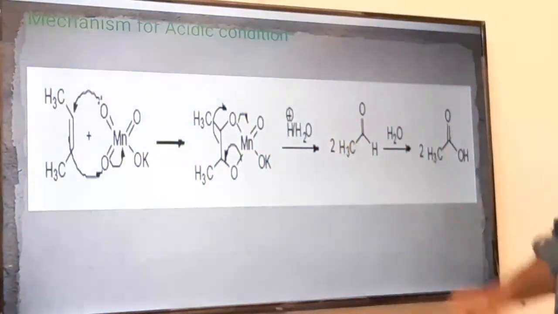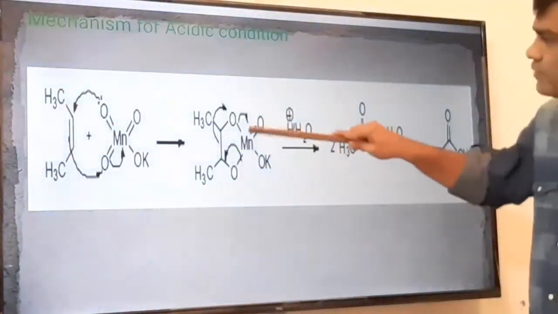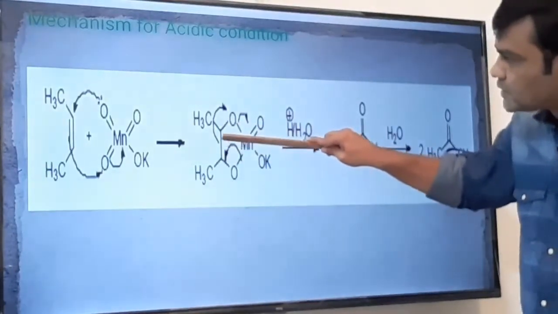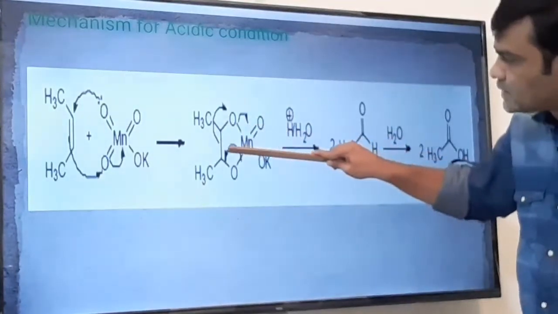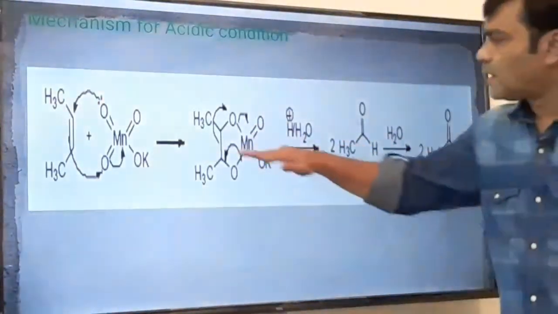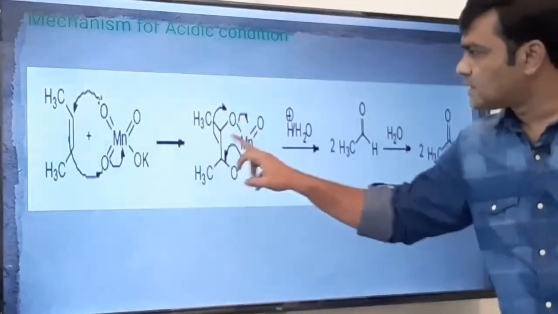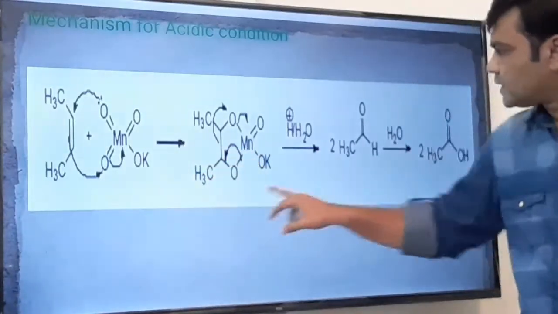Now in acidic condition, what happens? This ring opening takes place in a different way, where this bonded pair of electrons, this carbon-carbon bond cleavage takes place. These are shifted here, this is shifted here, and this gets shifted here. In this way, carbon-carbon bond cleavage takes place, and we get CH3CH=O, that is acetaldehyde.